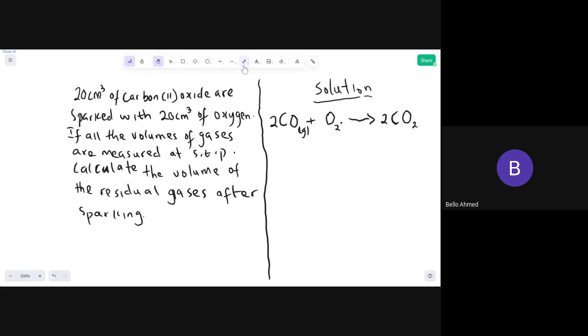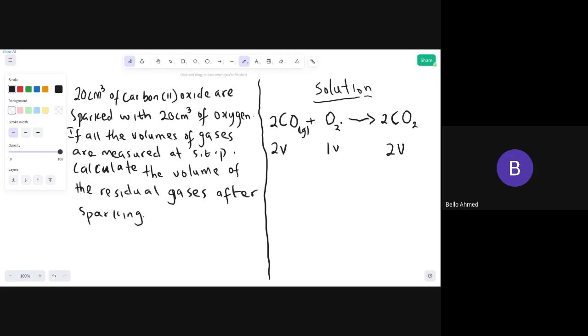Now, when you look at this problem, you have to realize that it is under Gay Lussac law of combining volumes, and there we deal with volumes. So what this balanced equation is actually telling us is that 2 volumes of carbon 2 oxide react with 1 volume of oxygen to give 2 volumes of carbon 4 oxide.